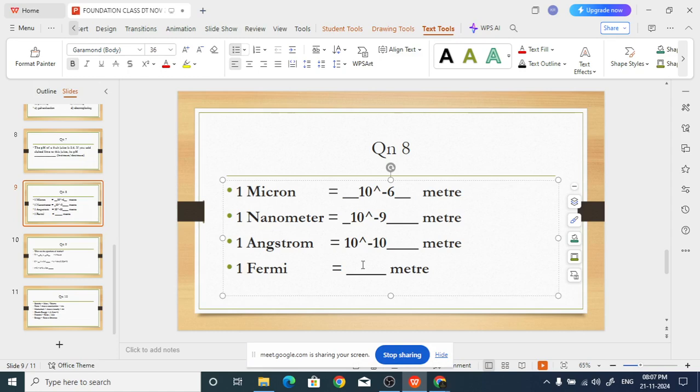Yes, 10 power minus 15 is the answer. You have studied all these things in the 6th standard, 7th standard, I think. Now you have forgotten. That is the problem. Okay.